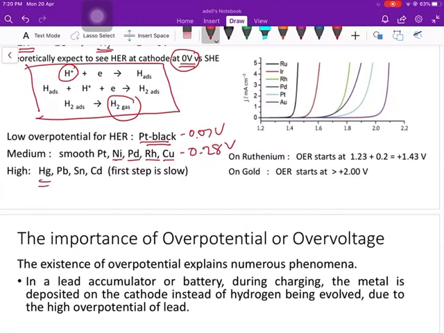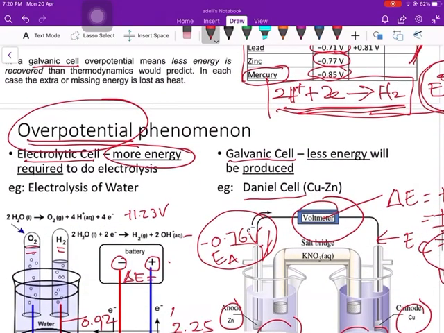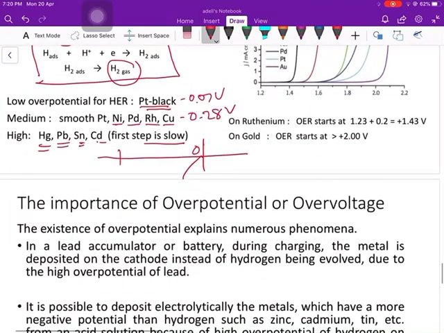But on mercury, lead, tin, cadmium, the formation of hydrogen is very slow. For example, the theoretical value is 0 volt, but on mercury the value is negative 0.85 volt when it then starts to form hydrogen gas.